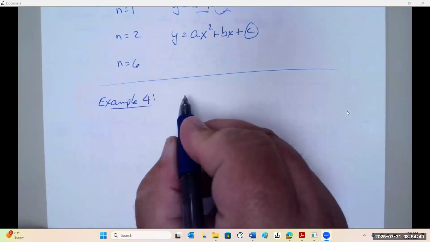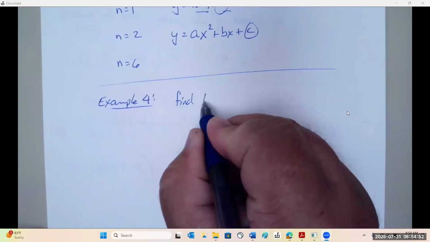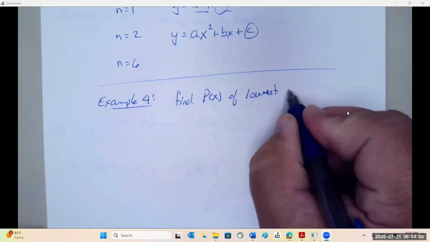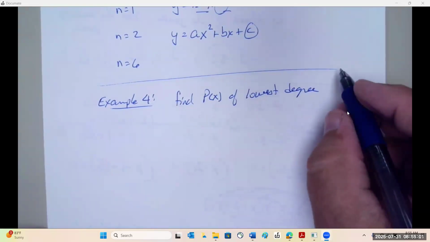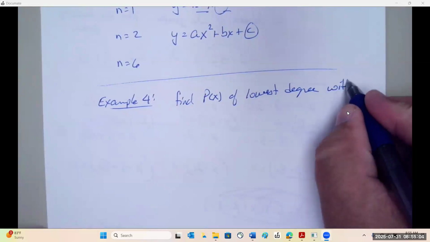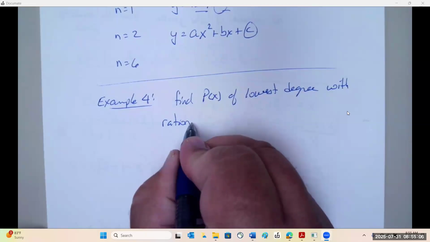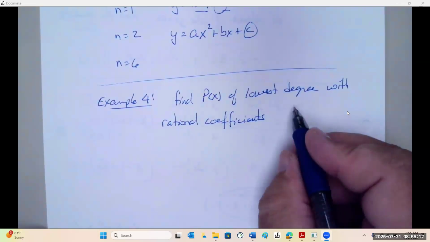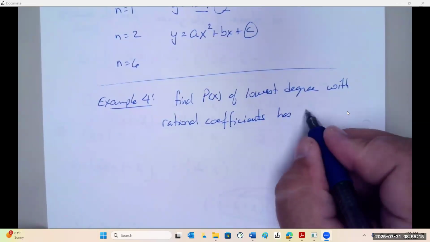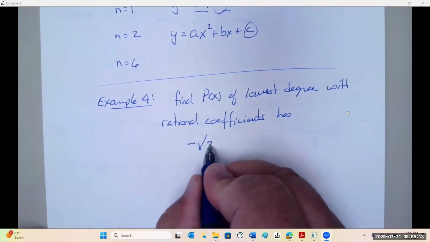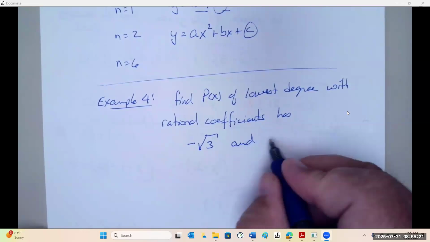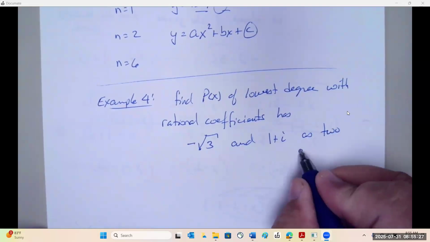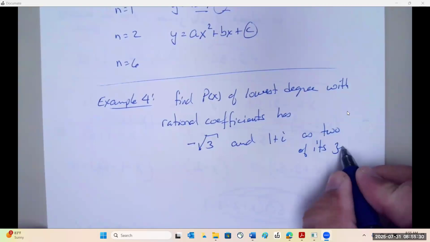Example 4. Find a polynomial function of lowest degree with rational coefficients that has negative radical 3 and 1 plus I as 2 of its zeros.